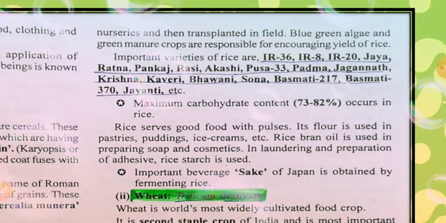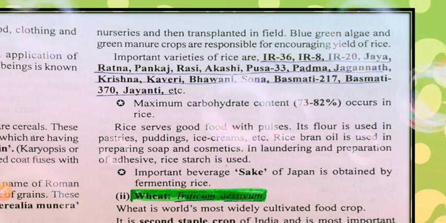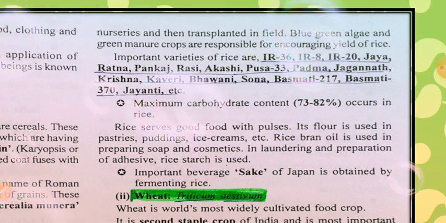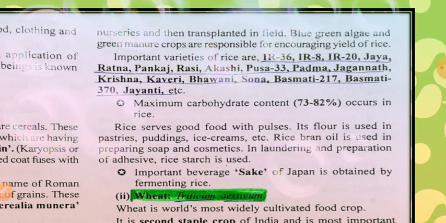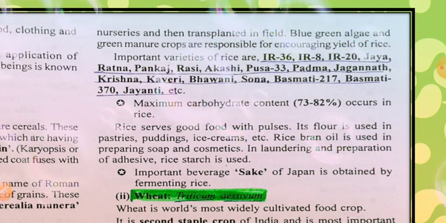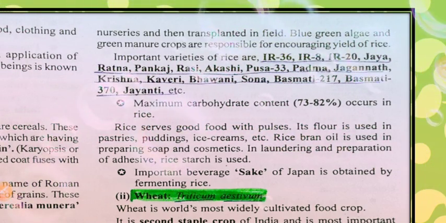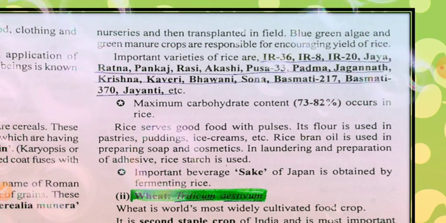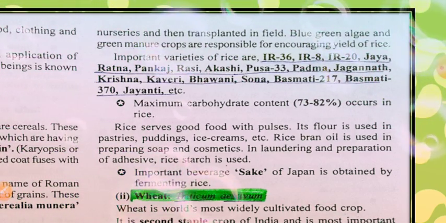So basmati rice, Basmati 217, Basmati 370, Jayanti, Krishna, Kaveri, Pankaj, Ratna, Rasi, Akasi, Pusa 33. Pusa is named after the Birbal Sahni Pusa Institute, that's why this name is Pusa 33. Then Padma, Jagannath, IR 20, Jaya. All these are very important rice varieties.